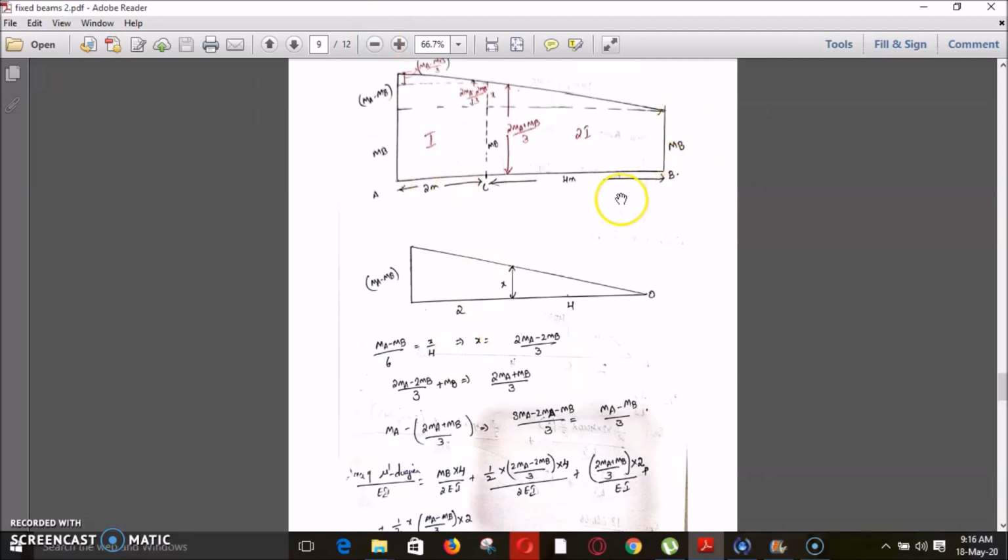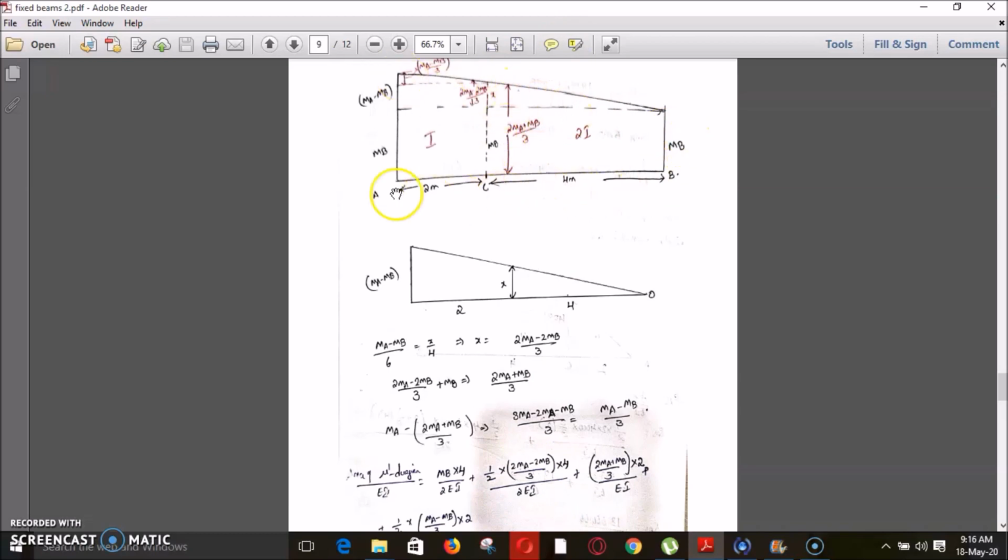This is MB into 4 is the area of this rectangular part divided by E into 2I. This is for this section. And coming to this triangular part, half base into height, half 4 is my base and height is 2MA minus 2MB by 3. Clear? Divided by E into 2I, that is 2EI. So this is for this section of flexural rigidity 2I.